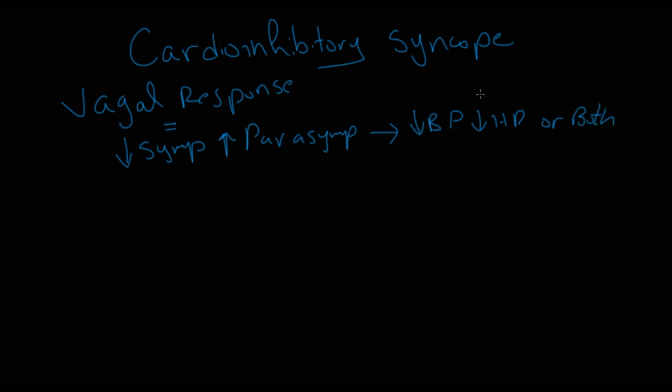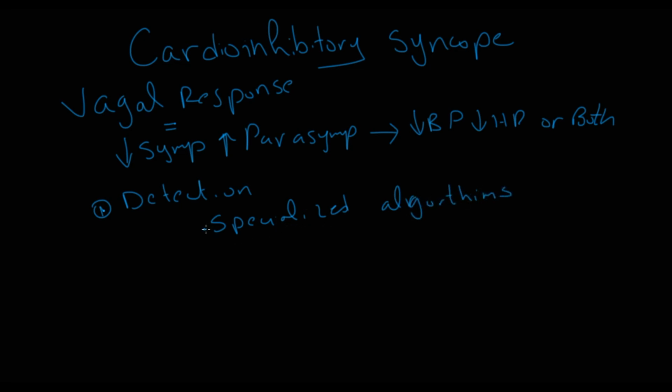Right, so how can the pacemaker help? So the pacemaker helps, first of all, by detection of when the cardio-inhibitory syncope is about to happen. And this needs specialized algorithms. So this is not a feature in all the pacemakers.